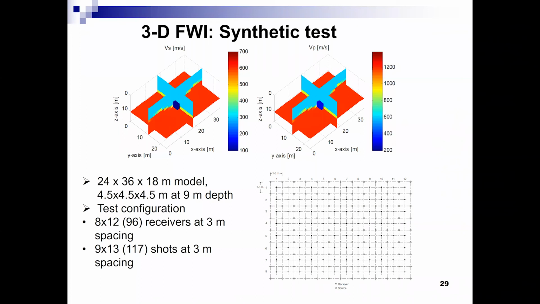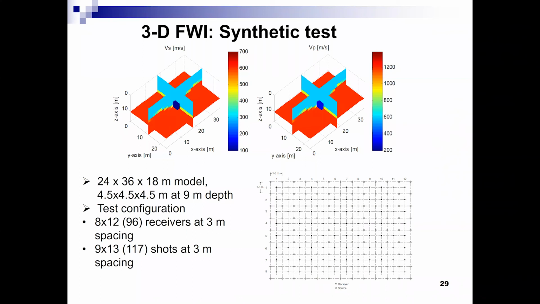We use 96 receivers, 8 by 12, put into a 2D grid like this. So we have a triangle here for receivers. And then for the source locations, we use 9 by 13, 117 shots at 3 meter spacing on the ground surface.